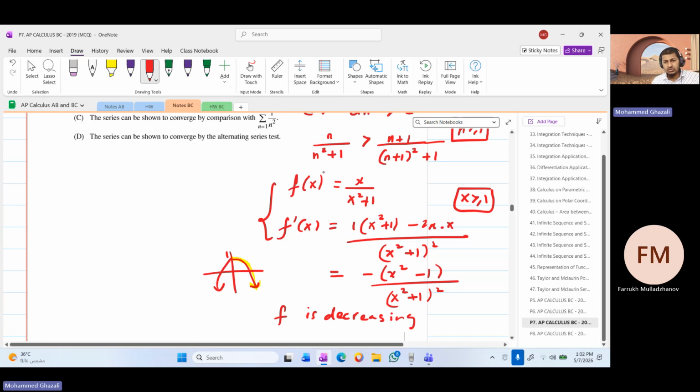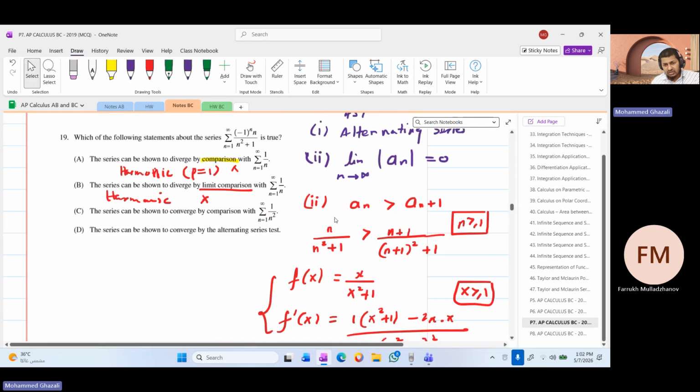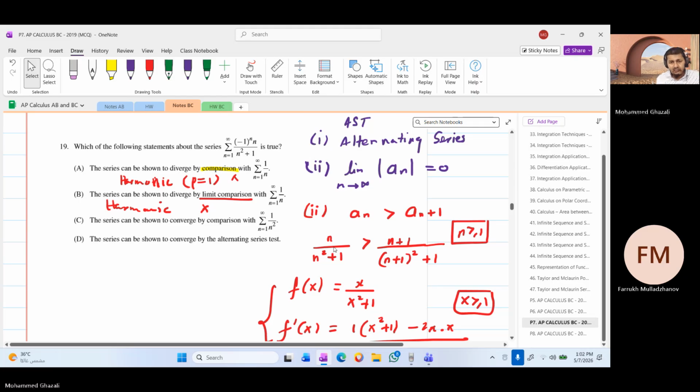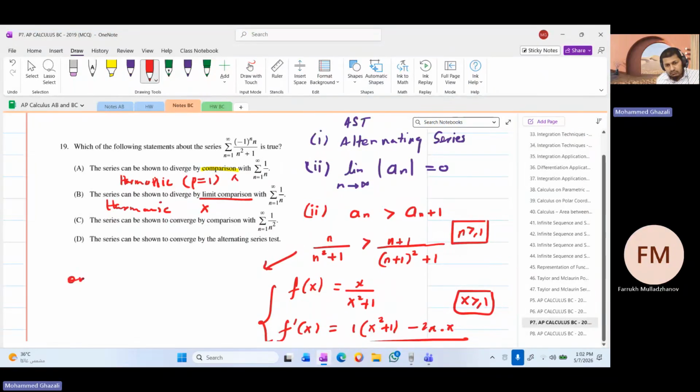Look, if you don't know how to solve it like this, you can also substitute a large number like 10 in the place of n. So 10 over 101. Is that greater than 11 over, what is this?